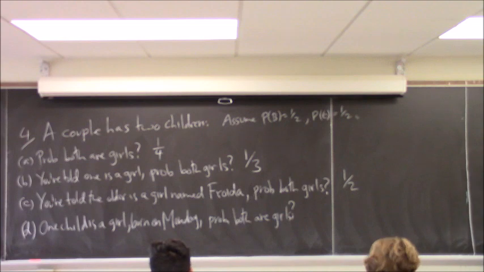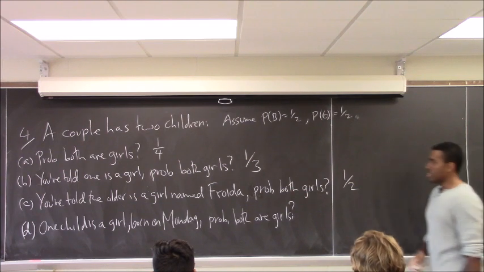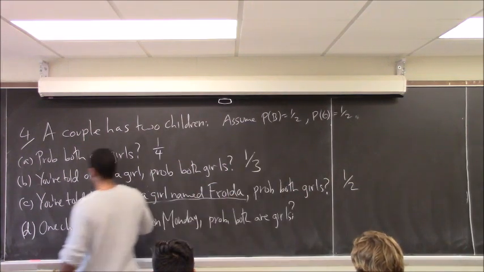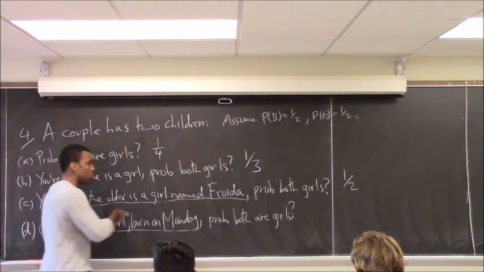Yeah. I'm gonna guess a half. Why would you guess that? Because it kind of seems like the girl is being qualified or something, like her being born on Monday. Oh yeah, you think like, okay, the fact that I actually told you some information about one of the girls makes these two actually the same thing.